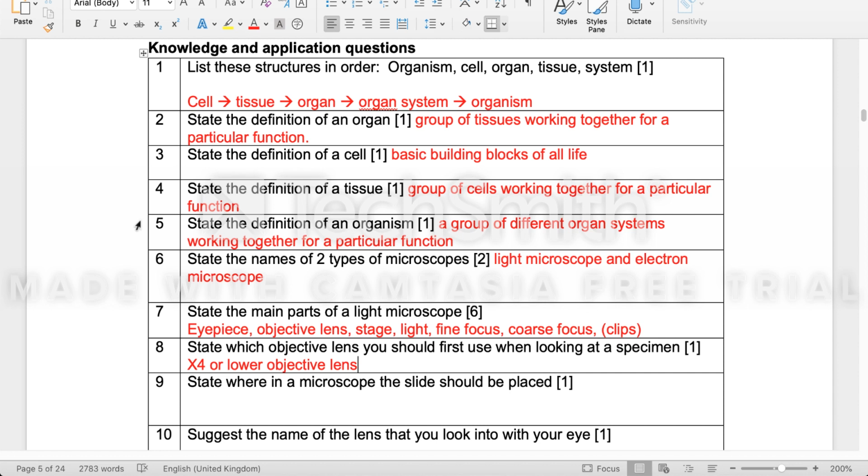So one of the major things that I would have you do as a teacher in a practical is when you grab your microscope, before you even look at anything, before you plug it in, make sure that your microscope is at 4 times, okay, which is the shortest objective lens. And that kind of makes sure that if you're moving around your stage with your fine and coarse focus, you're not going to move the stage into your objective lens, okay?